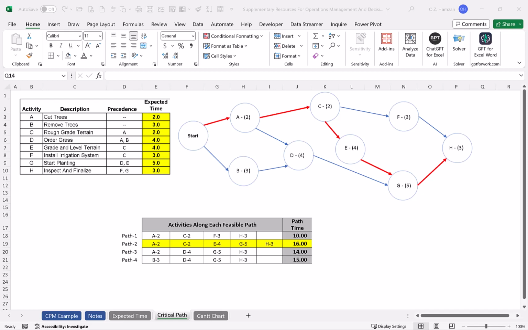So the critical path becomes the fastest time we could possibly finish the project, unless we put more resources and shrink the time it takes certain key activities along the way. So we draw the node diagram, we identify the longest path, and that is the critical path, and that tells us how long it's going to take us to complete the project, satisfying all the constraints set in the precedence table.